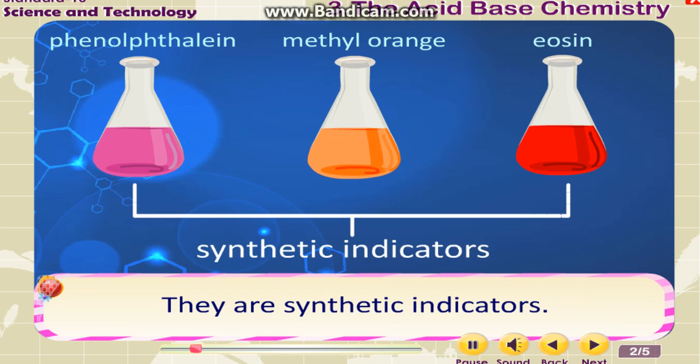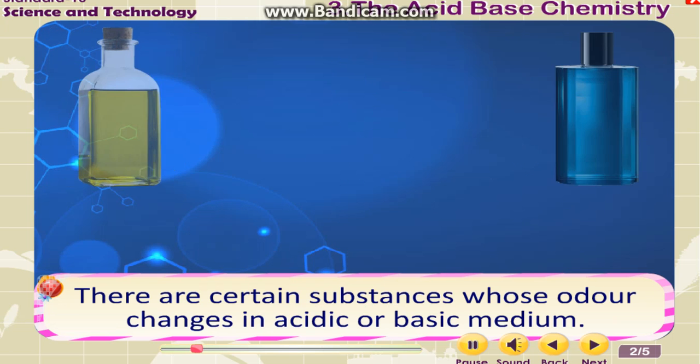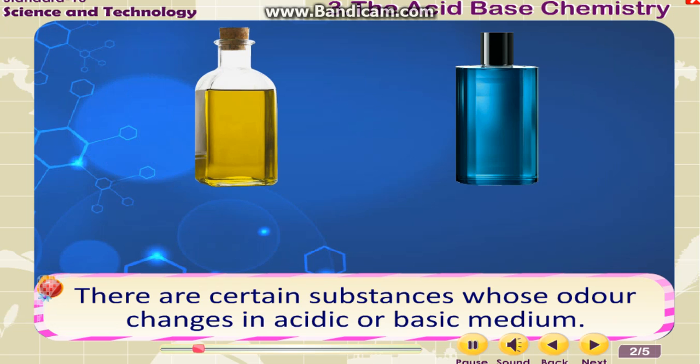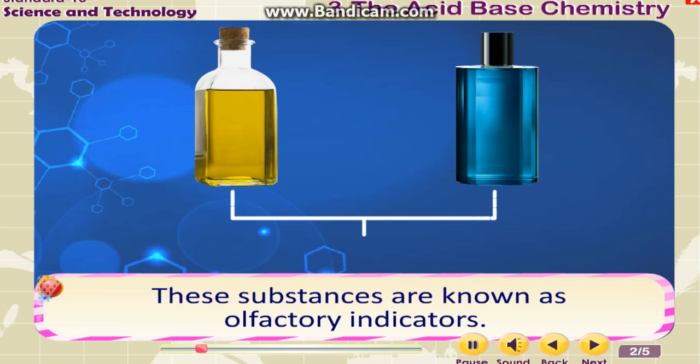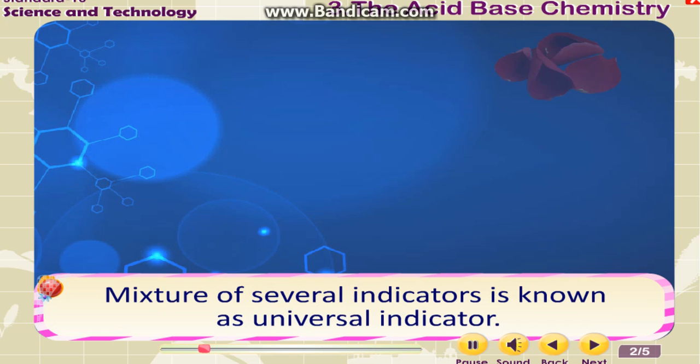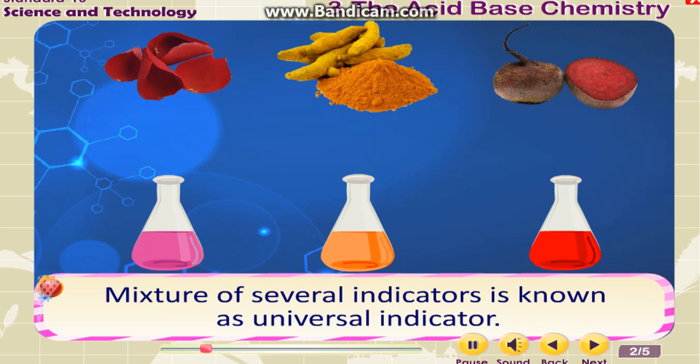They are synthetic indicators. There are certain substances whose odor changes in acidic or basic medium. These substances are known as olfactory indicators. Mixture of several indicators is known as universal indicator.